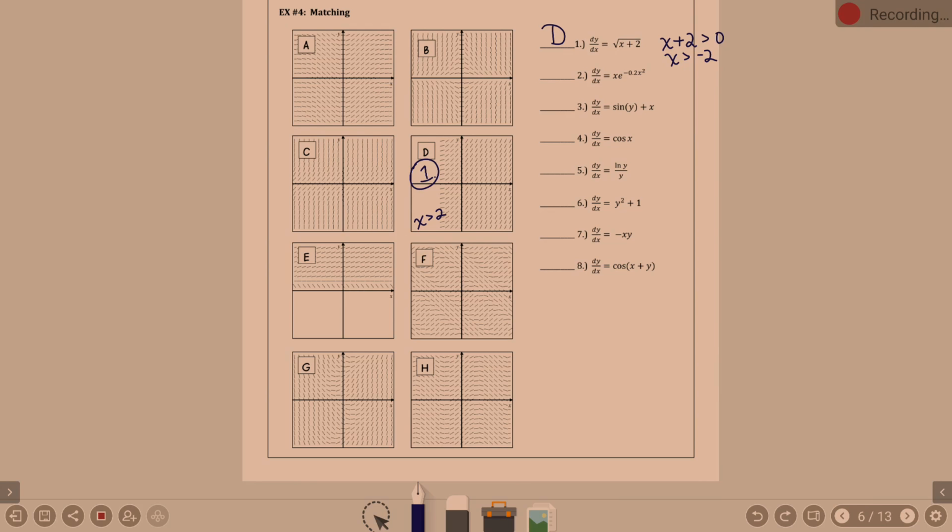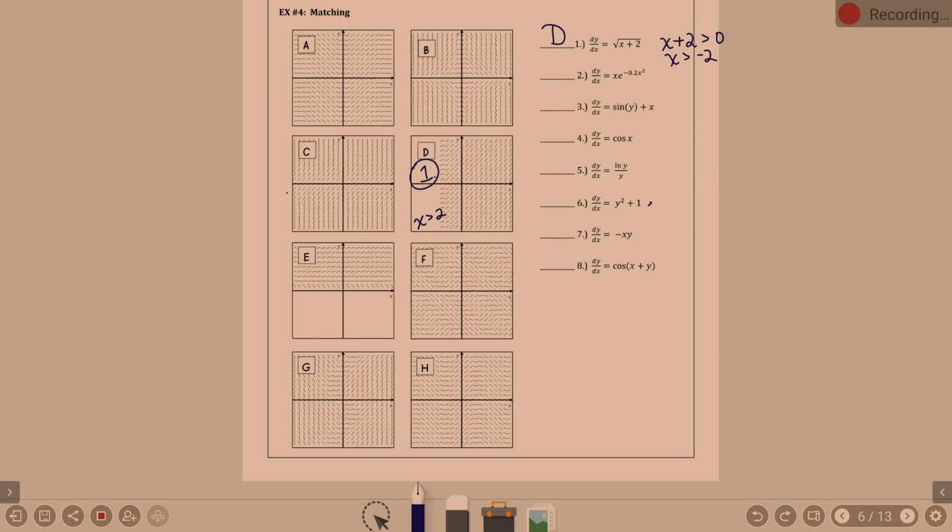So let's see if this is... She's suggesting 6 might be C. With the idea of, okay, the only values I'm plugging in are y values, right? So when I plug in 0, for instance, 0 squared plus 1 is going to get me slopes of 1. I'm just picking numbers.